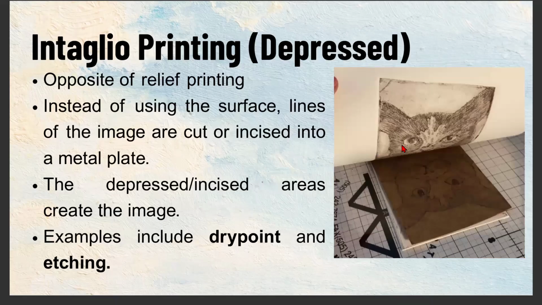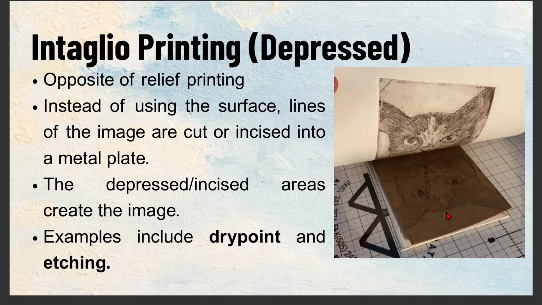Okay, moving forward with the intaglio, or the depressed printing. Intaglio printing commonly uses ink in carved lines. Sometimes it uses metal plates in order for us to recreate detailed results.